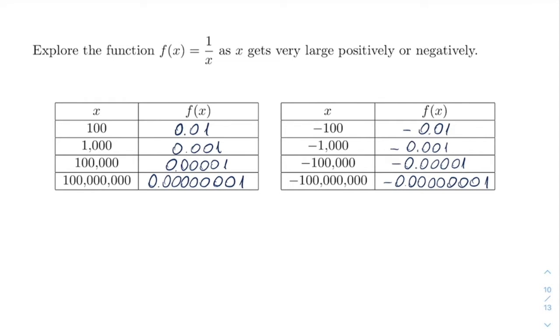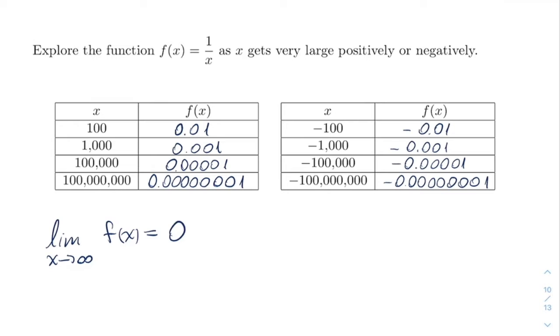So notice that in the first table we can conclude that as x gets larger and larger, the value of the function approaches 0. So we denote this as follows. The limit when x goes to infinity of f of x will be equal to 0.